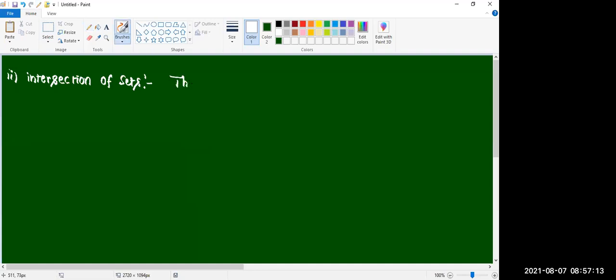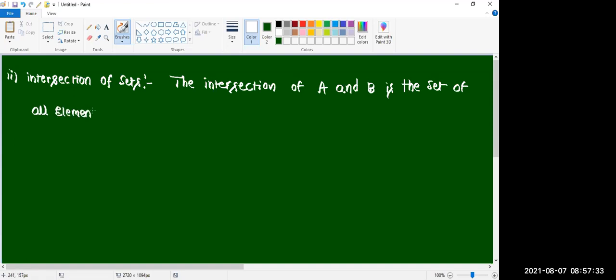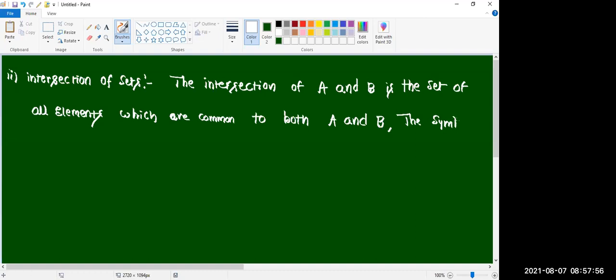The intersection of A and B is the set of all elements which are common to both A and B. The symbol ∩ is used to denote intersection.